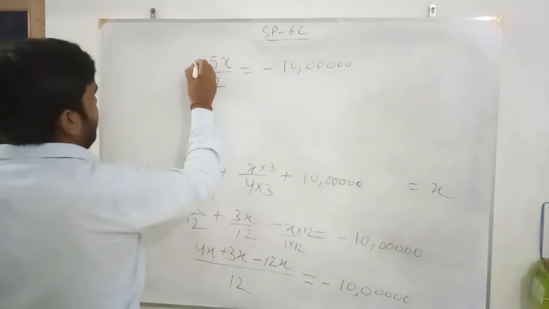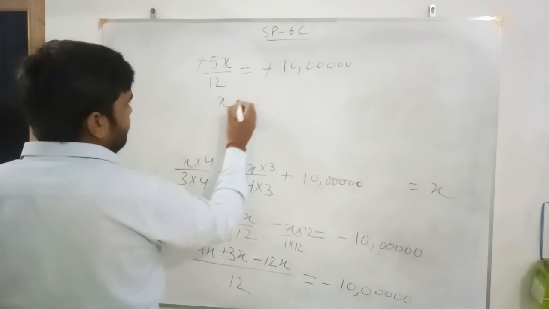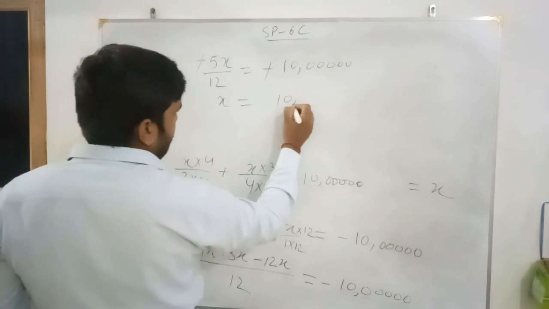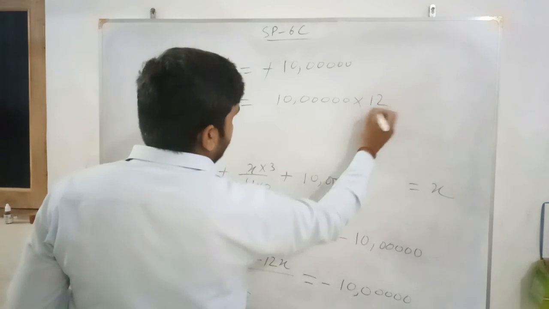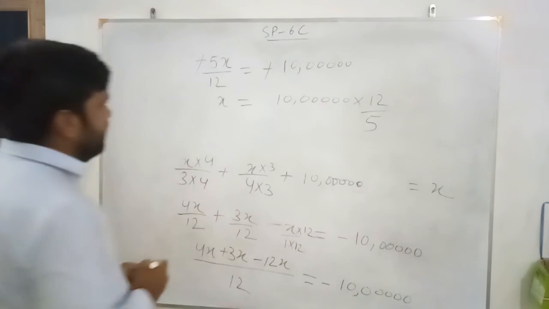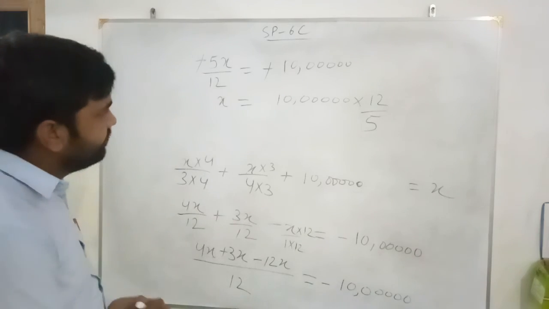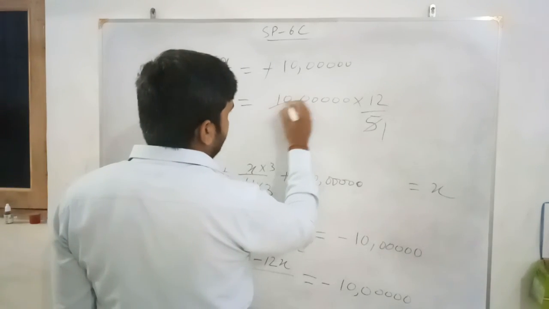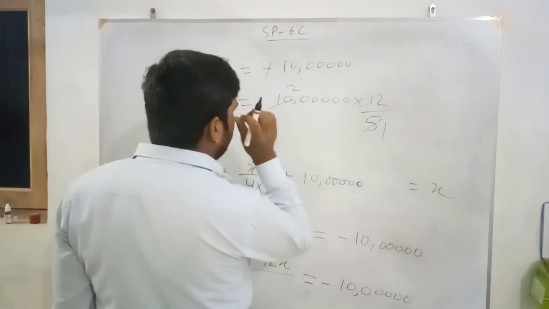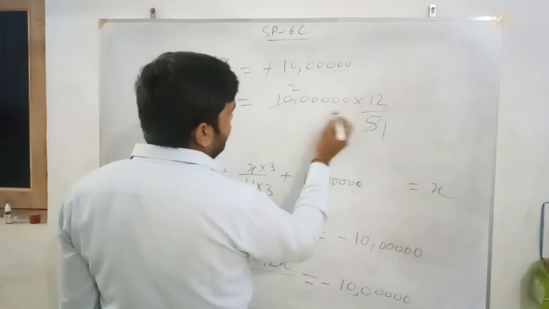Now this minus sign will be cancelled. Now x is equal to 10 lakh multiplied by 12 by 5. When you transpose this 5 by 12 to the right hand side, it will become the reciprocal. Now see, 5 twos are 10, so we got 2 lakh.